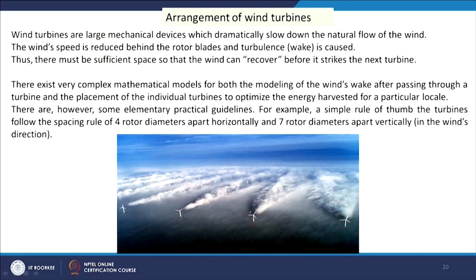These are rows, and in the column also we have turbines. This turbine-to-turbine distance has to be maintained, and people try to understand and optimize the distance required. Basically, downstream of a turbine the wind speed becomes less, and we need to give some more distance to recover this wind velocity before reaching another turbine.